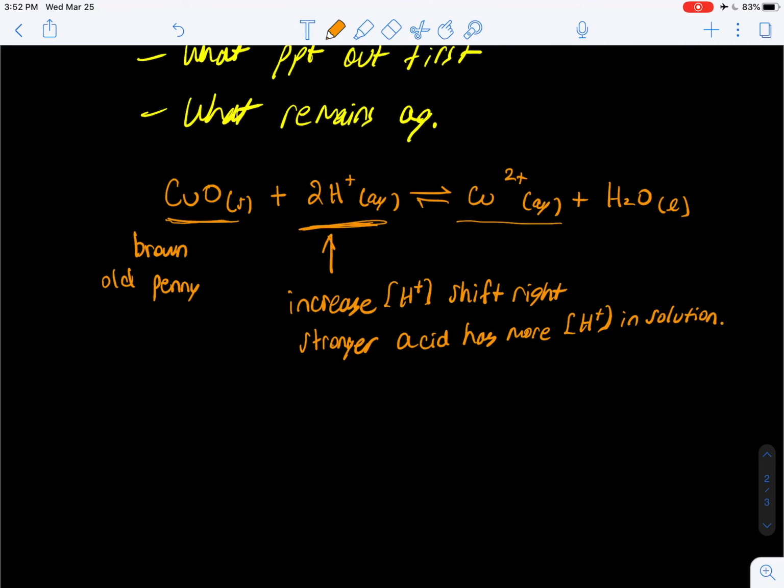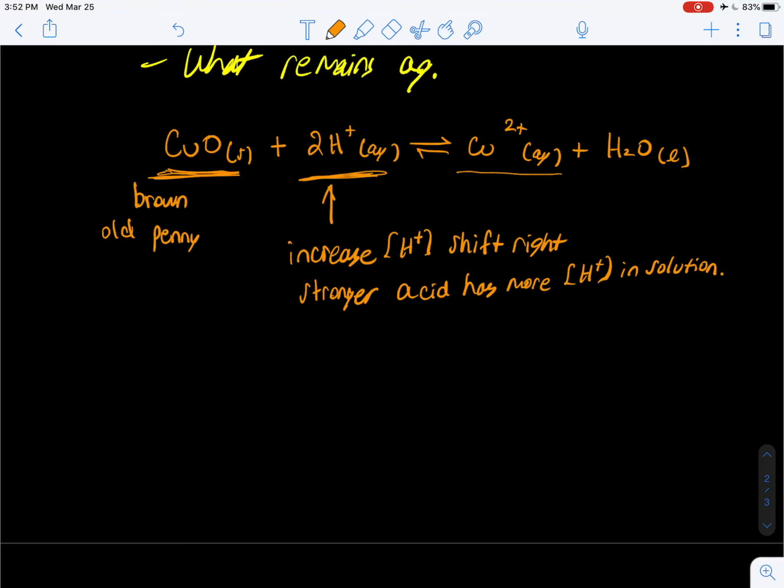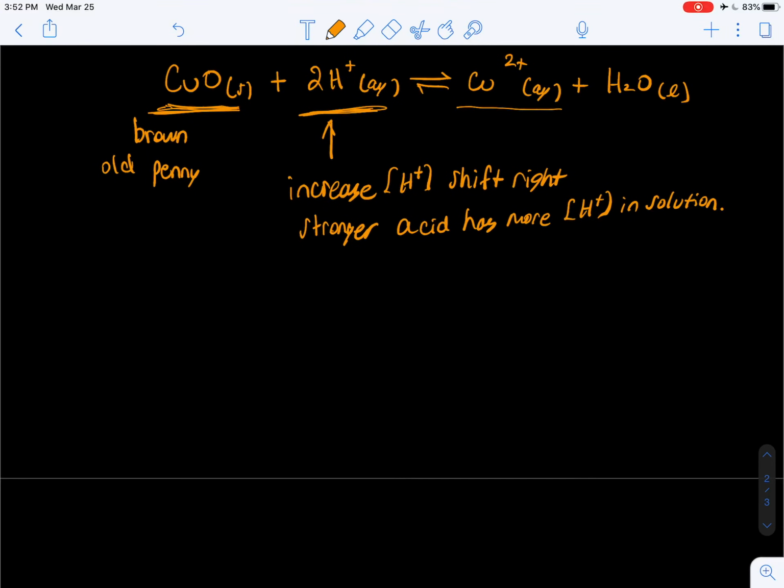And this idea is all due to Le Chatelier's principle. You shift away from the decrease, okay? Copper oxide is not soluble by any stretch of the imagination. If you throw a brown, dirty penny into pure water, it just doesn't clean up, okay? So strong acids will do the job. And this is how you clean pennies.